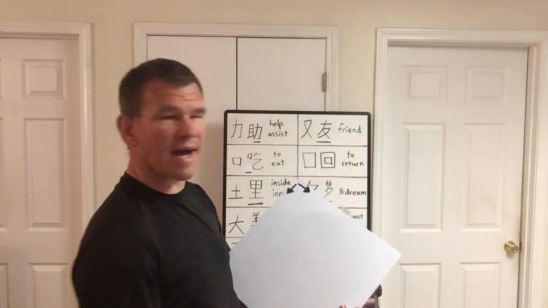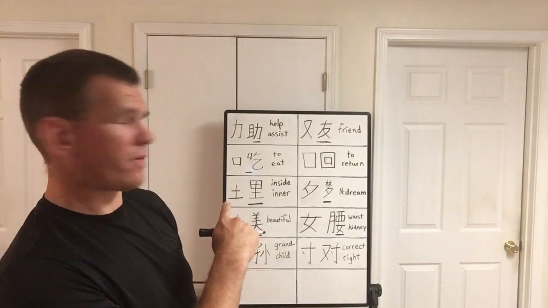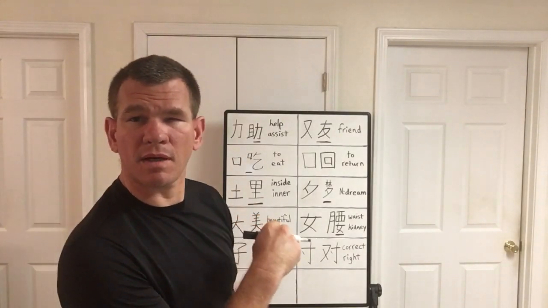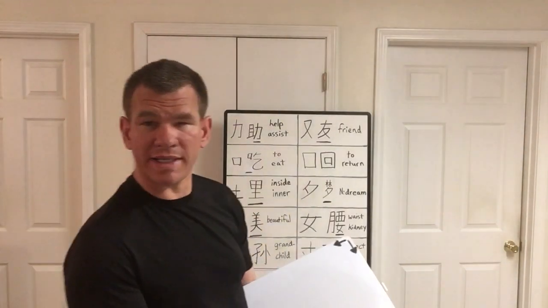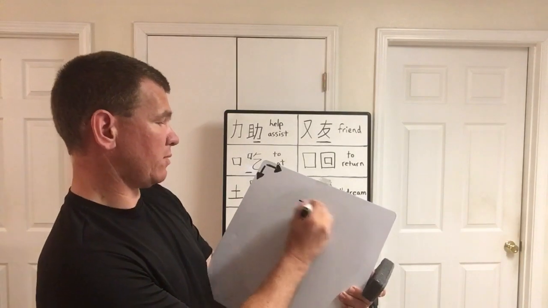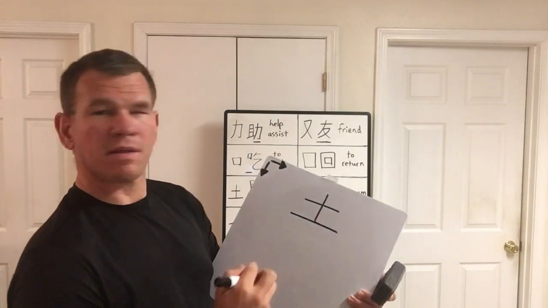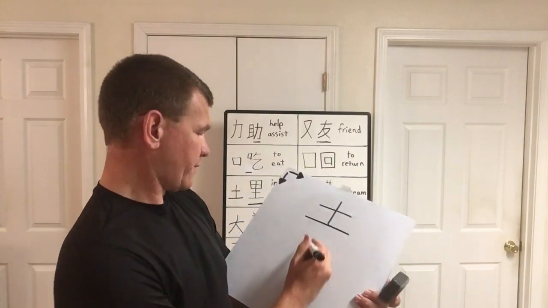Number 5. It's the one that's Earth, and then we're going to do the inside. The character on the right is inside, or inner. All right, we're going to do Earth on the top. 1, 2, 3. Now we're going to do inner, or inside.